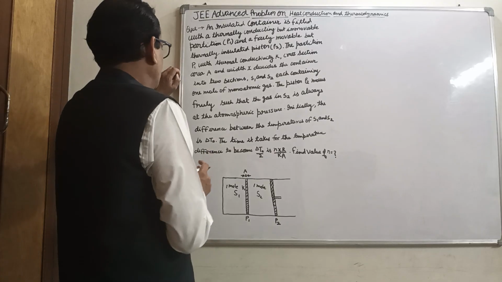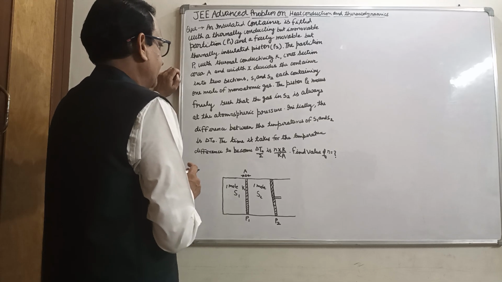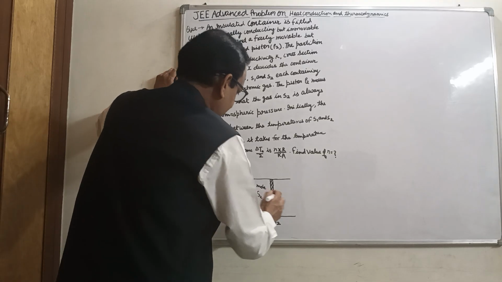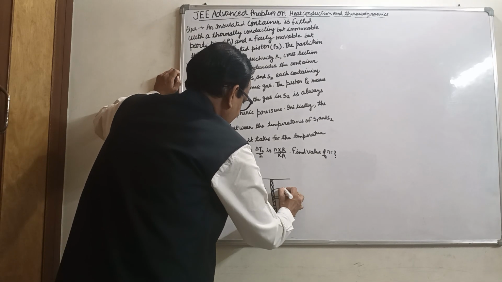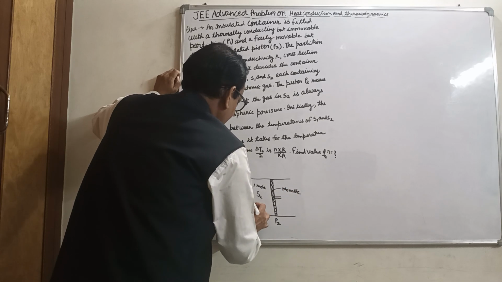Piston P2 moves freely such that the gas in S2 is always at atmospheric pressure. This means this piston can be moved. This is a movable piston, and this piston is fixed.